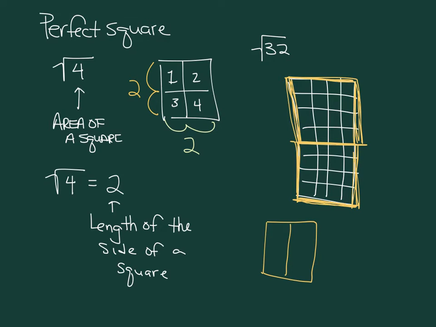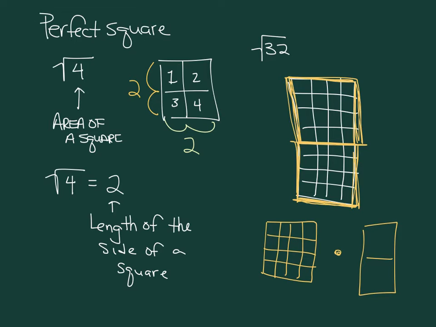So there's one perfect square, and I have to multiply it by 2, right? So if I were to break this apart, you would see there's one perfect square, and there's the other perfect square sitting inside there, okay?